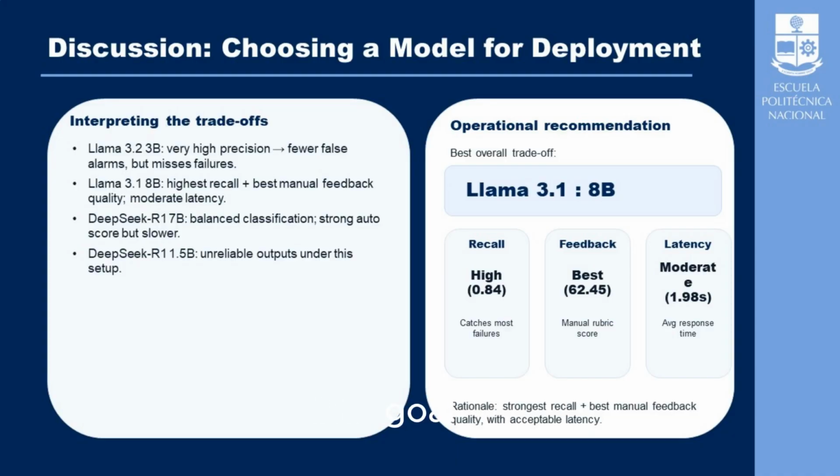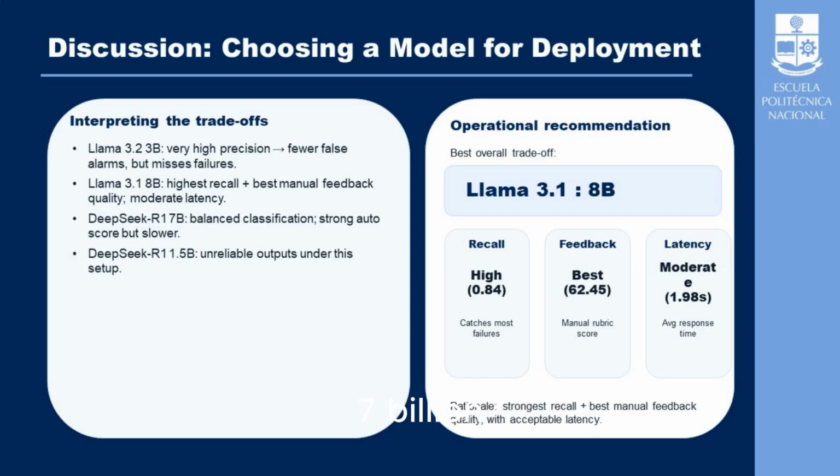If the primary goal is to catch problematic requests and provide feedback that human reviewers find useful, Llama 3.1 at 8 billion parameters is the strongest candidate. It has the highest recall on classification and the best manual feedback score while keeping latency around 2 seconds on average.